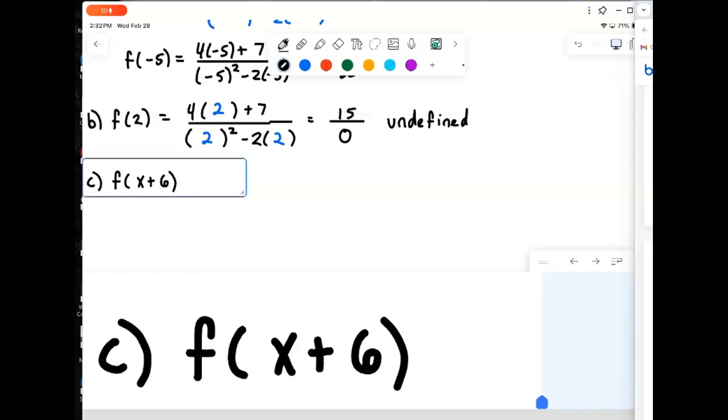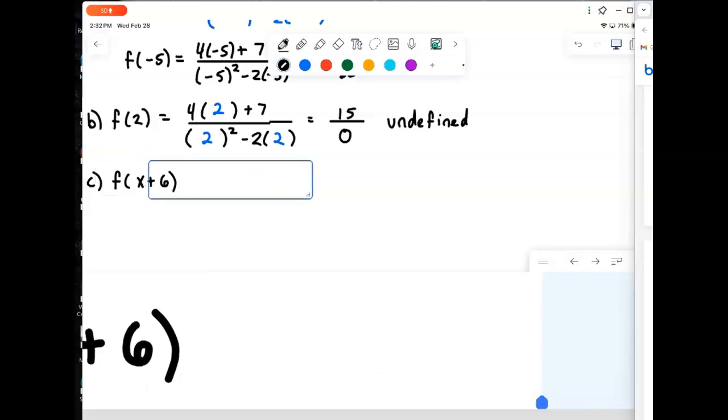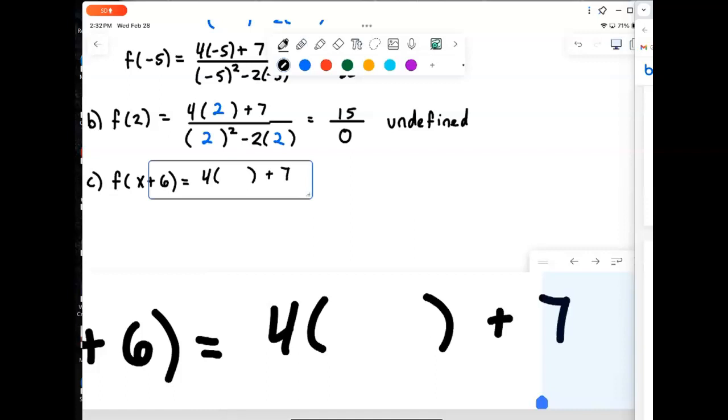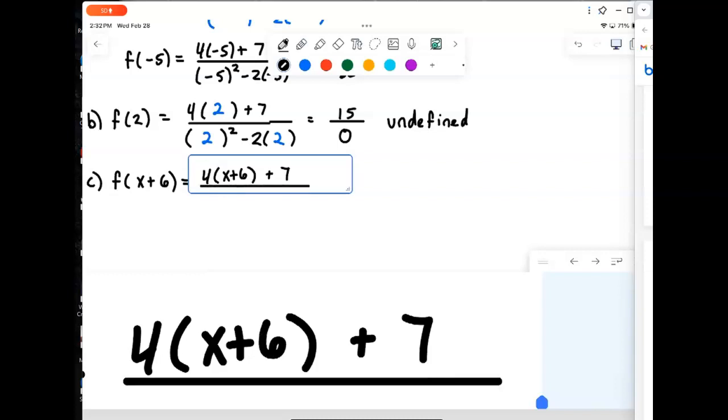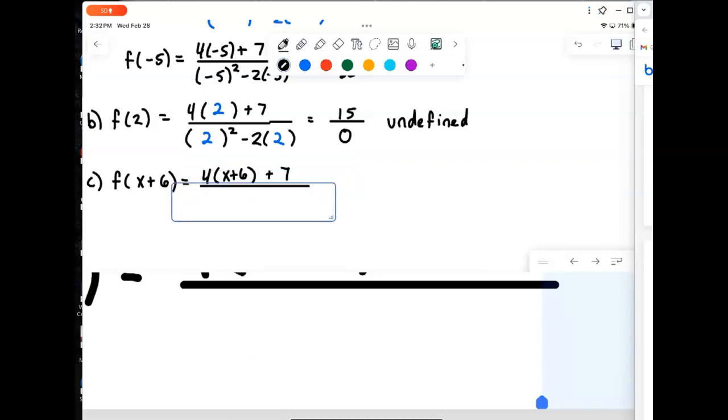We still want to evaluate the function, the algebraic function, at that expression. The setup doesn't change. Whether it's a number or a variable, we're going to write everything down with blanks. And then we're just going to fill in those blanks with, in this case, x plus 6, that quantity.